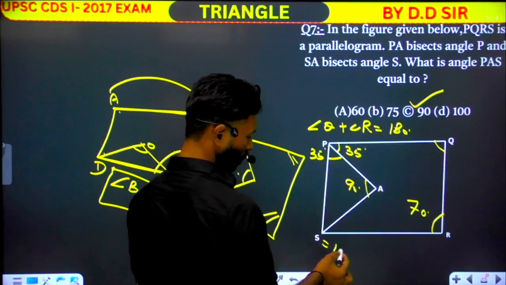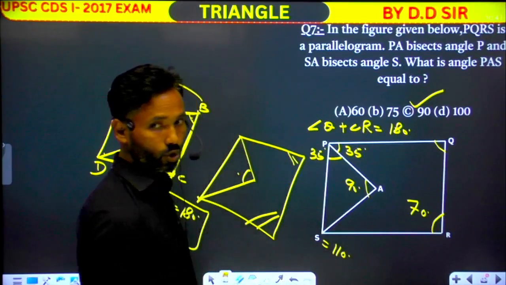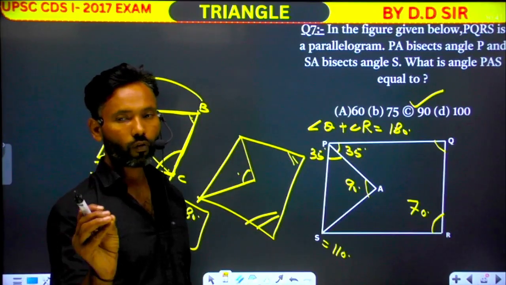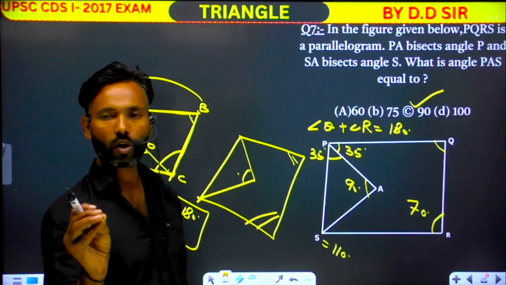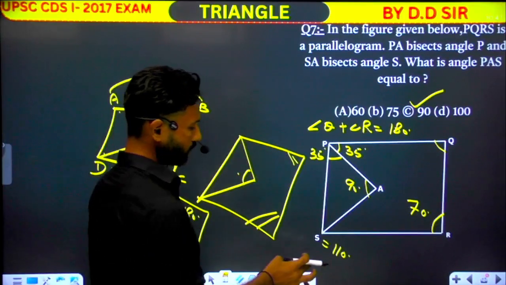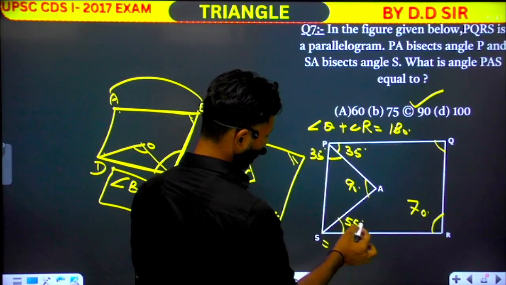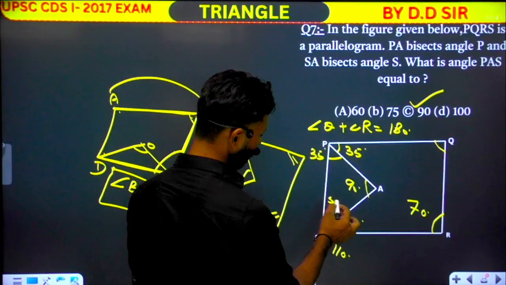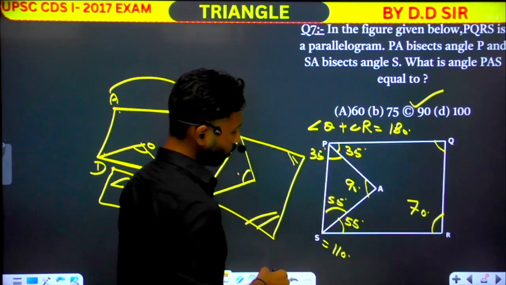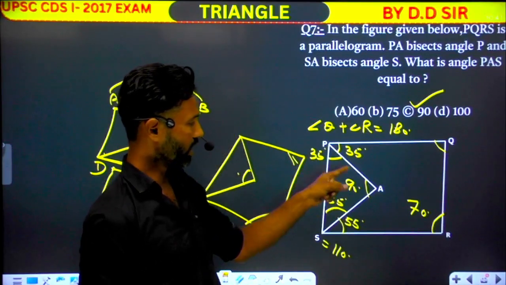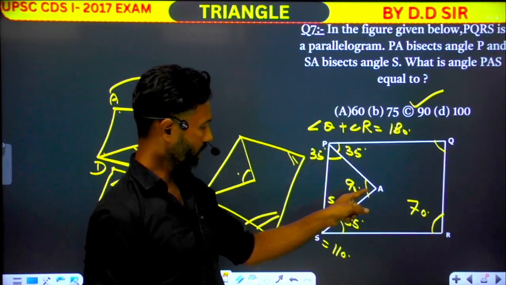It will be equal to 110 because you know that the sum of any two consecutive angles in a parallelogram is 180 degrees. So this is 110, which means the halves will be 55 and 55. Now you can see there is a triangle, triangle PAS.